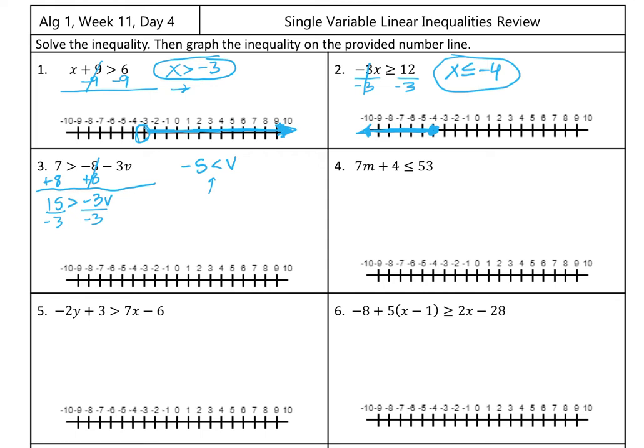So we either need to completely flip this expression around so it's v is greater than -5, or if we are able to think about it like this and say, okay, it's saying -5 is smaller than v, so that means that I need to shade numbers bigger than -5. If you're able to think through that consistently and do that, then that's fine. You don't have to flip it around.